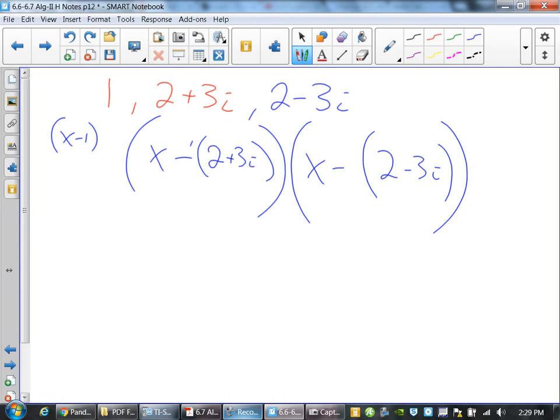A negative 1. So in essence, I'm going to distribute this negative 1 to both parts and rewrite it. I'm going to get x minus 2 minus 3i. And on the other one I get x minus 2 plus 3i.